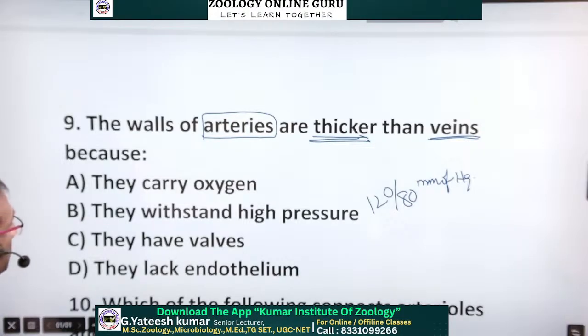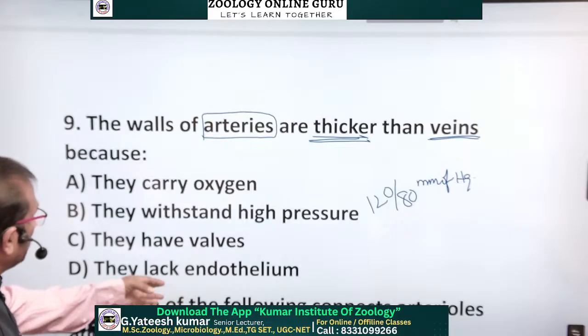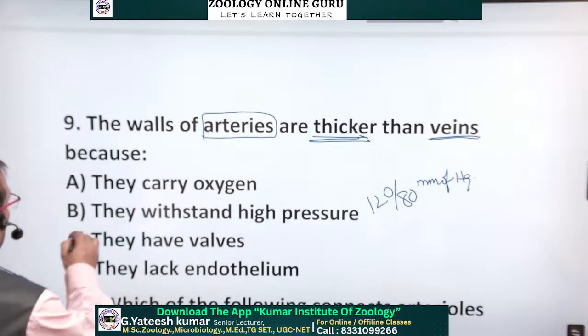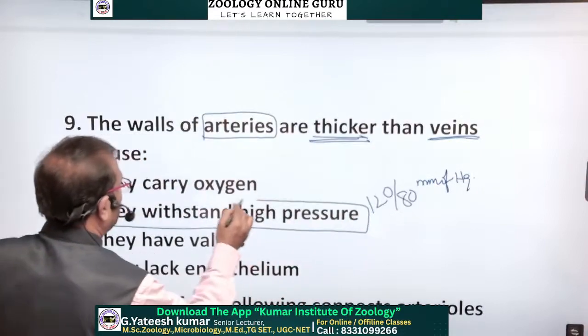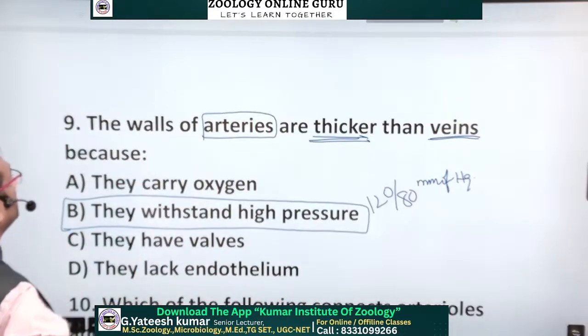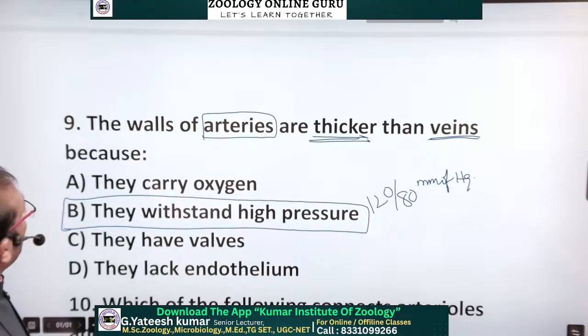To withstand this pressure, the arteries are thicker. They have valves? No, arteries are without valves. They lack endothelium? No, they have endothelium. So the answer is: the walls of arteries are thicker than the veins because they withstand high pressure, 120 by 80.